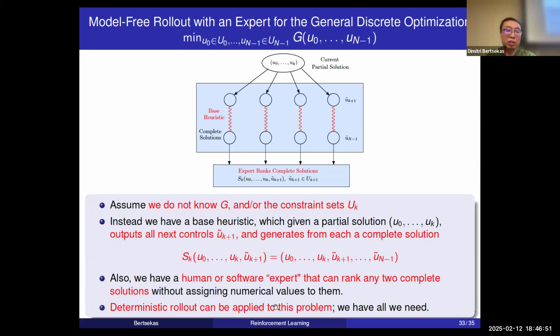And deterministic rollout can apply to this problem at this point because we have all we need. Now, let's just imagine an example. I don't know, perhaps some of you have seen this interesting application where some people set up two state-of-the-art large language models and ask them to play chess against each other.